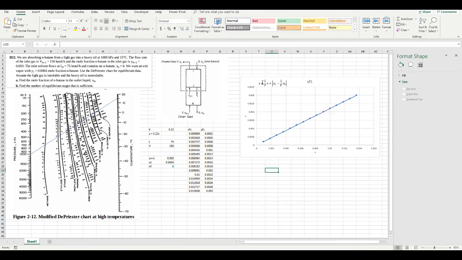Recall that the operating line equation is y equals L over V times x plus y1 minus L over V times x0. So we can go ahead and trace it. So this is going to be the liquid flow rate here, divided by the vapor flow rate, times x.